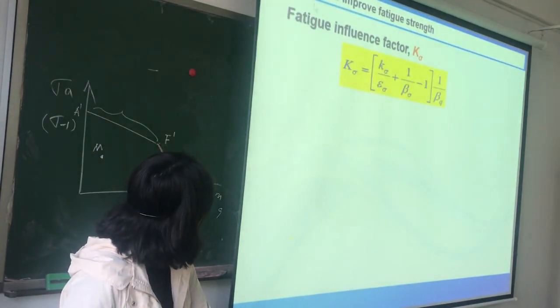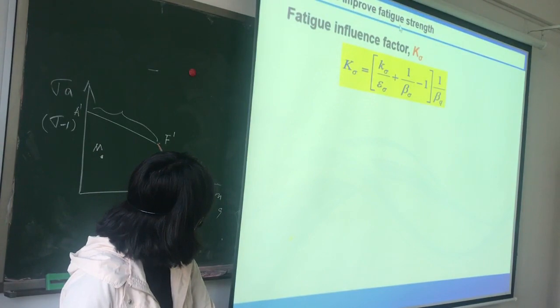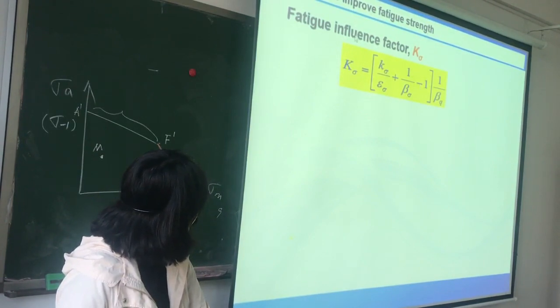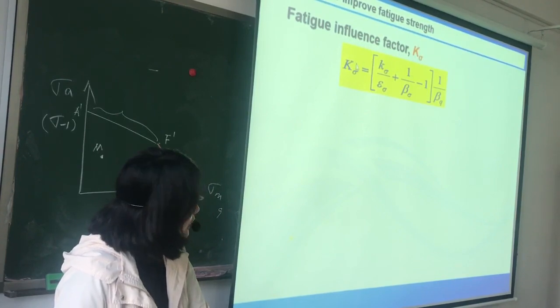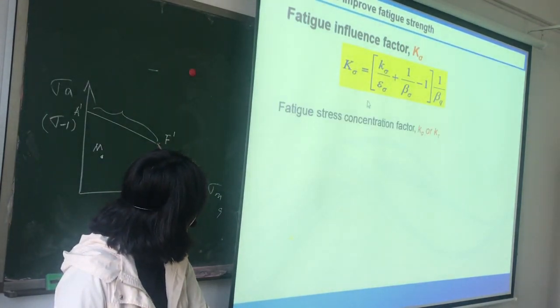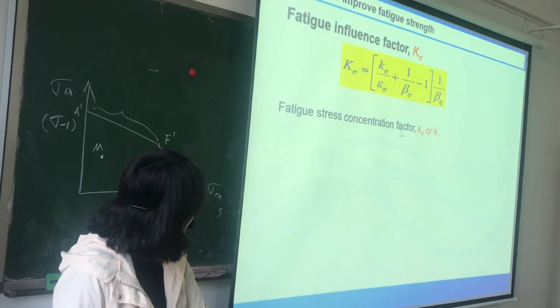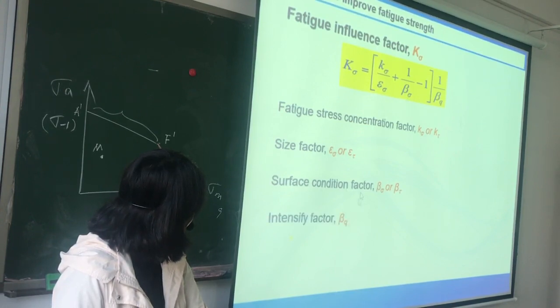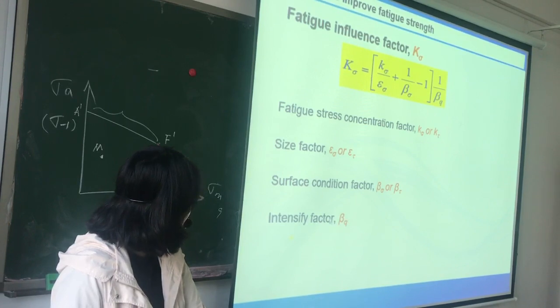And then the measures to improve fatigue strength. We know the fatigue influence factor K sigma equals this, and the little k sigma indicates the fatigue stress concentration factor, epsilon sigma is the size factor, beta sigma is the surface condition factor, and beta q is the intensifying factor.